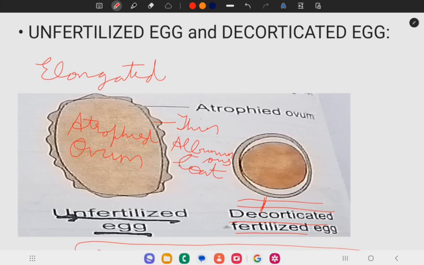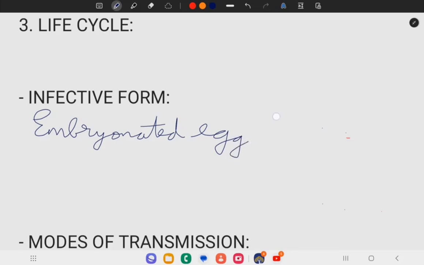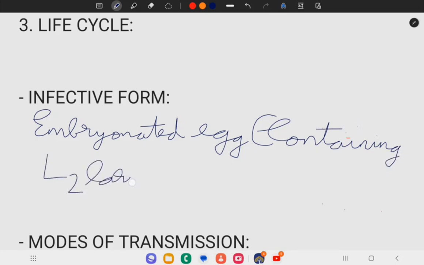Next I will discuss the life cycle of Ascaris lumbricoides. Embryonated egg containing L2 larva is the infective form of Ascaris lumbricoides.